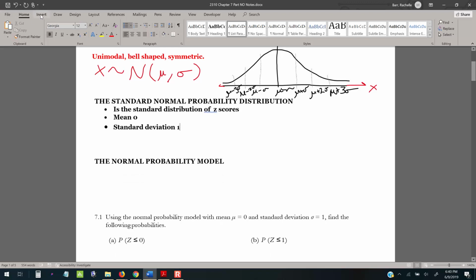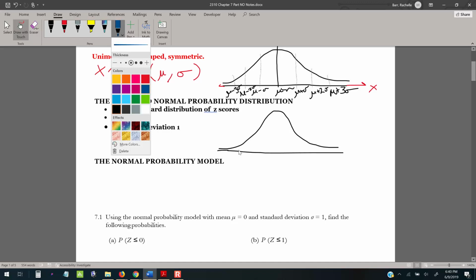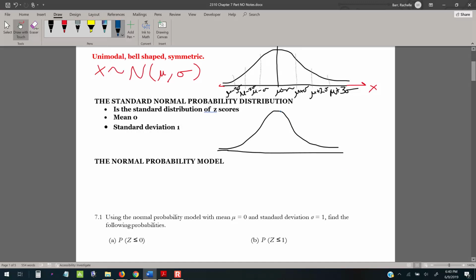So let's draw what this one would look like. Are you ready? So here, I'm going to try to draw this. Woohoo! I don't know why this one's taller, but it is. There we go. Let's change our colors here. Let's do blue. So this one, the mean is 0, so right smack dab in the middle, I'm going to have a 0.